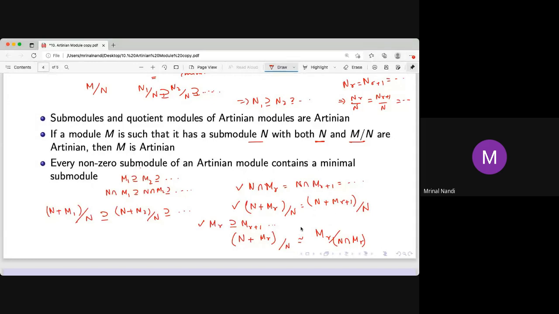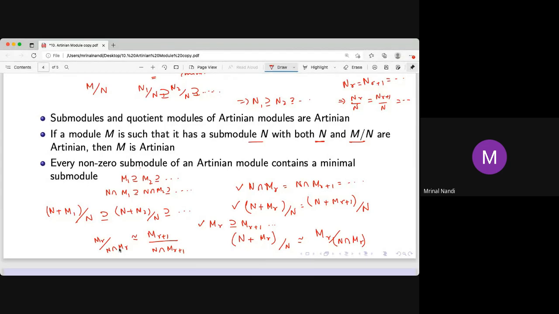Therefore these two are isomorphic. So that means Mr plus N quotient by N is isomorphic to Mr plus 1 plus N quotient by N intersection Mr plus 1. These two are isomorphic, and the quotient part is equal.